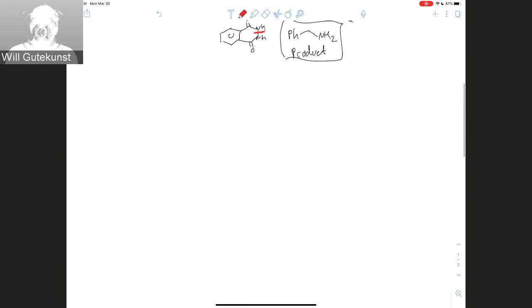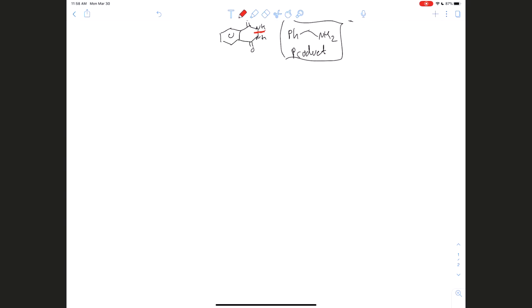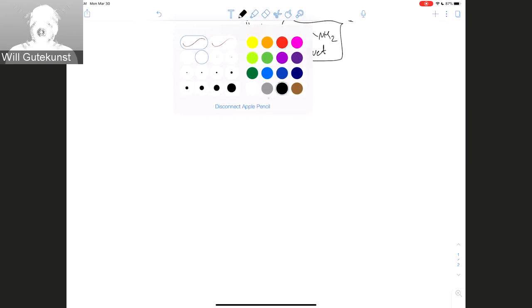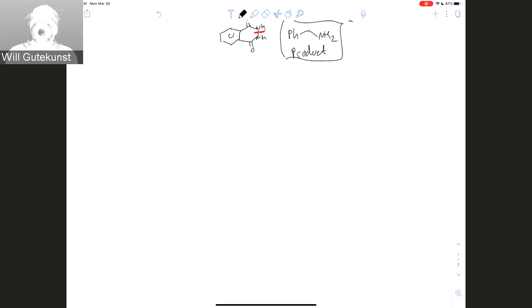So we have a question about comparing relative stabilities of esters. Tert-butyl tert-butanoate. Oh, that's too angry right now. I'll go to a purple, unless this is too hard to see.